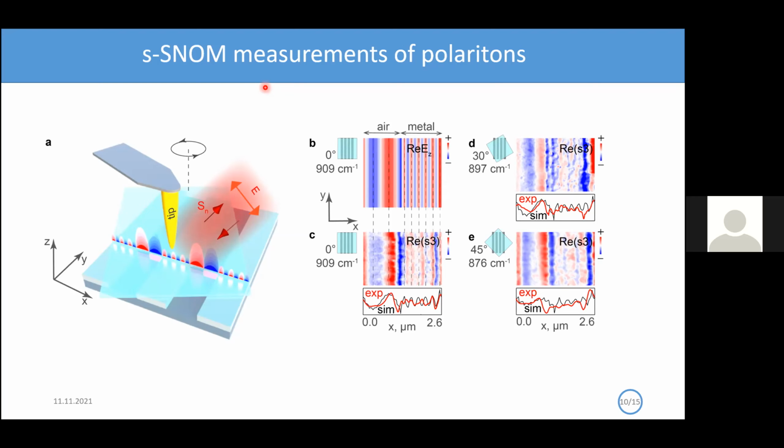This method helps us to directly demonstrate oscillations in the flake. Also, in these measurements, we change the angle between the metal grating and the main optical axis of the flake. Let's consider this twist more carefully.